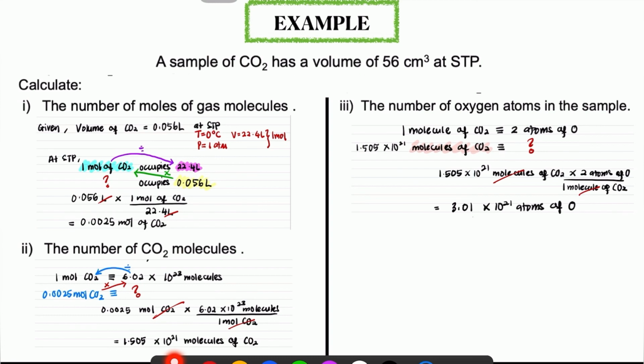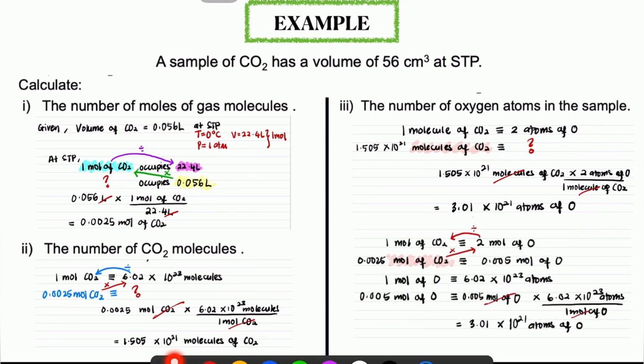Or you can use another method, which is to find the moles of oxygen from the moles of carbon dioxide. 1 mole of carbon dioxide consists of 2 moles of oxygen. If there are 0.0025 mole of carbon dioxide, it consists of 0.005 mole of oxygen.